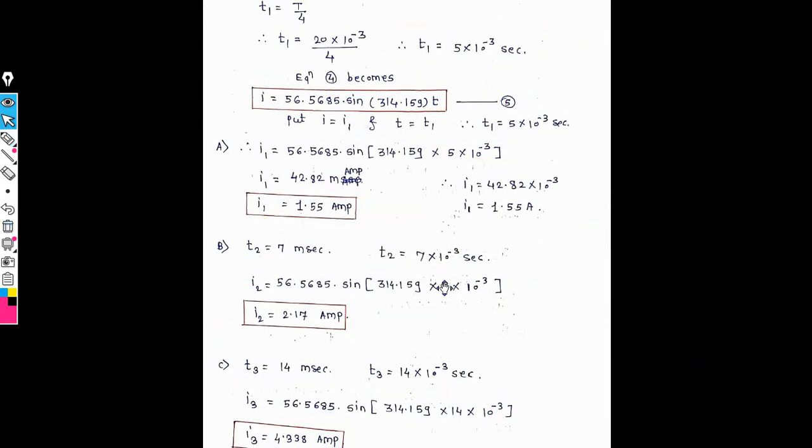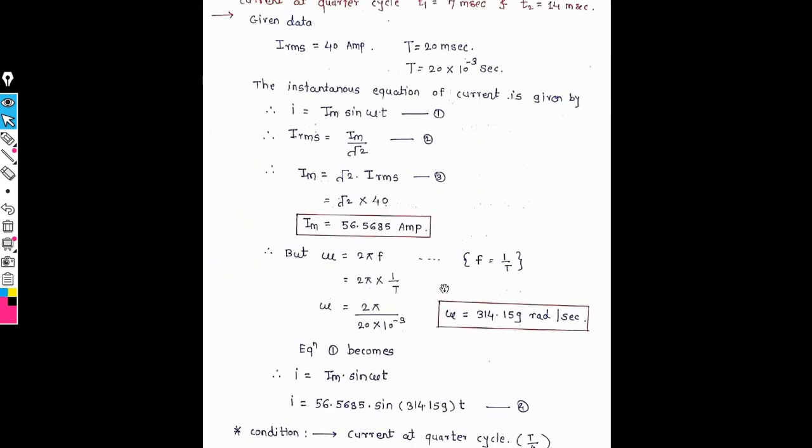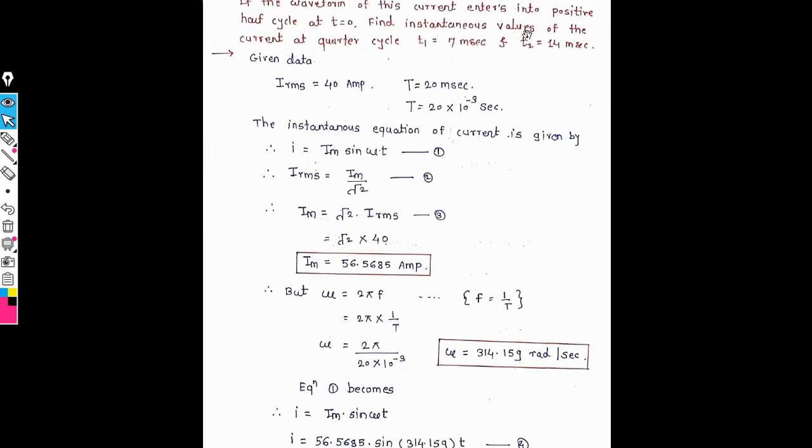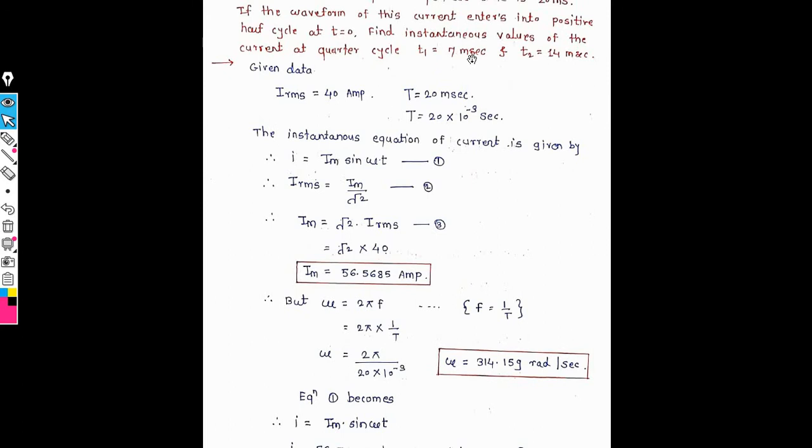That means this is the problem based on instantaneous value of the current. In the problem, the condition is T1 is 5 millisecond, T2 is 7 millisecond and T3 is 14 millisecond. Now first we have to calculate the instantaneous current, for which we have taken IRMS is Im upon root 2. Then rearrange the equation for Im and put it here.